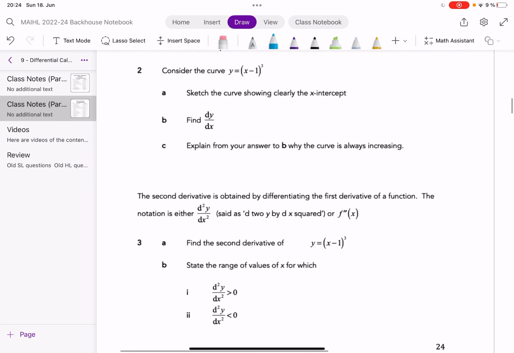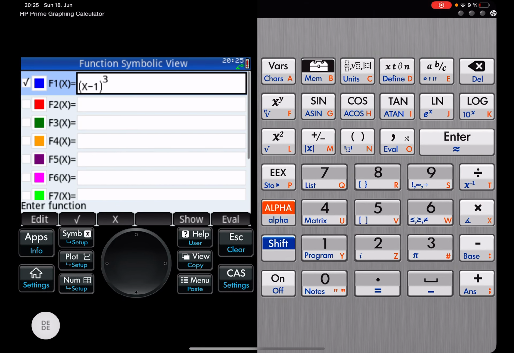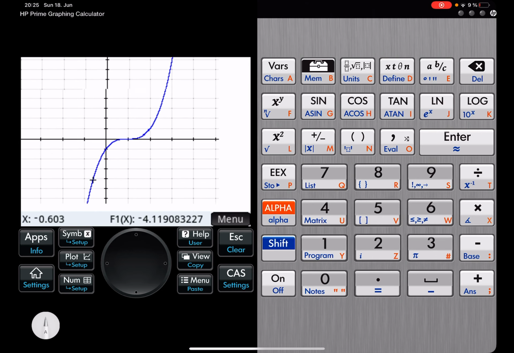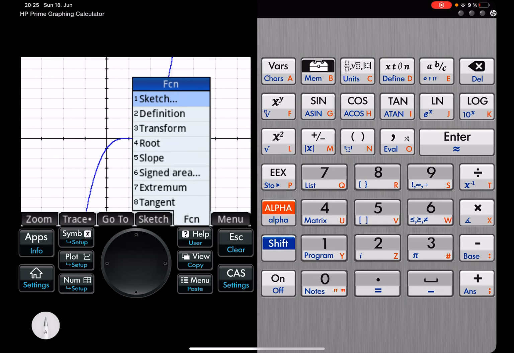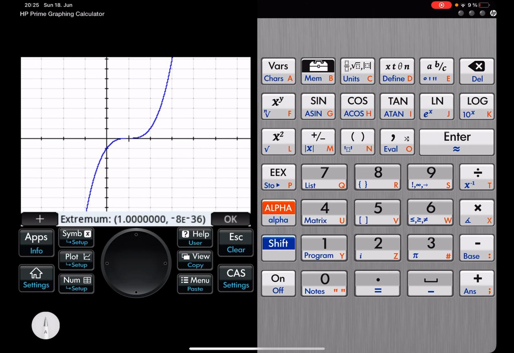So we're going to take a look at this function, y equals x minus 1 all cubed. So it says sketch the curve clearly showing the x-intercept. So I've already put this into my calculator. And here we are, we've got a graph. And it looks like the root is at 1 on the x-axis. Yep, there it is.